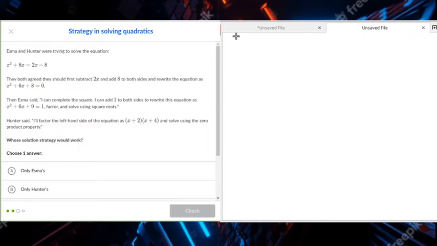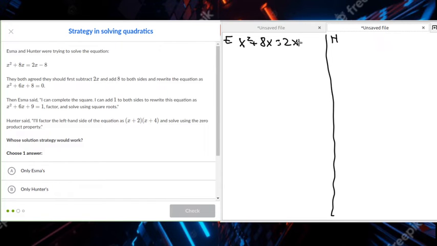Okay, Emma is on this side and Hunter is on this side. Emma and Hunter were trying to solve the equation x squared plus 8x equals 2x minus 8. They both have the same equation.